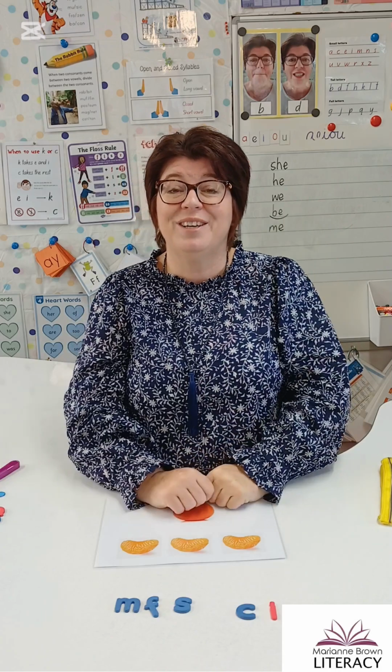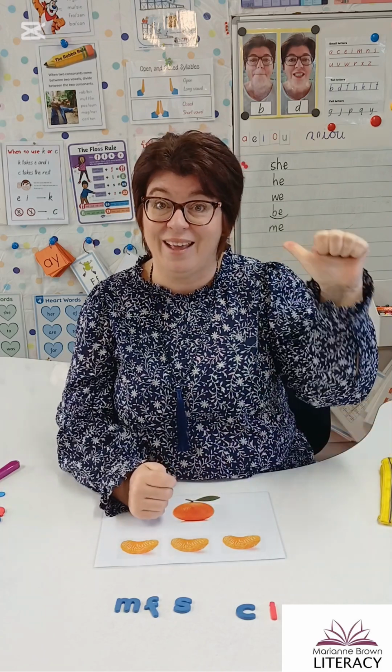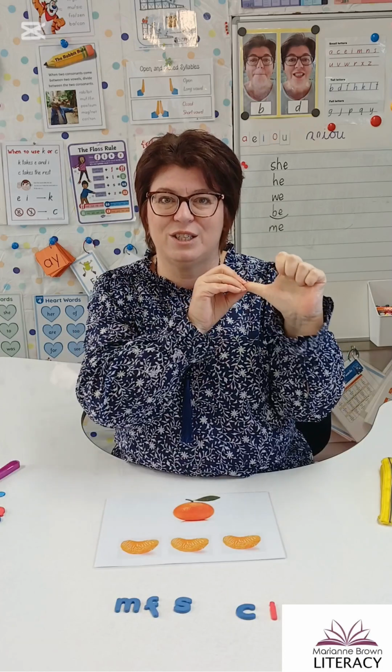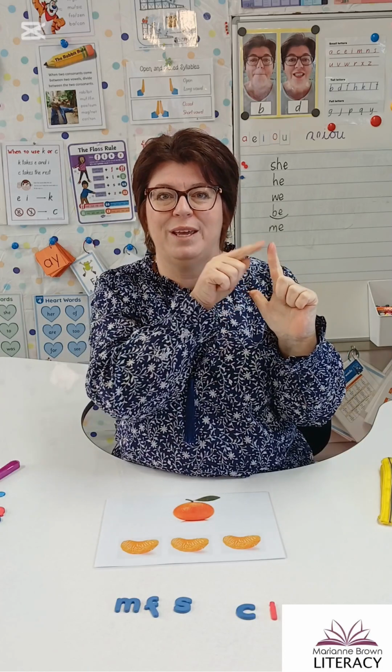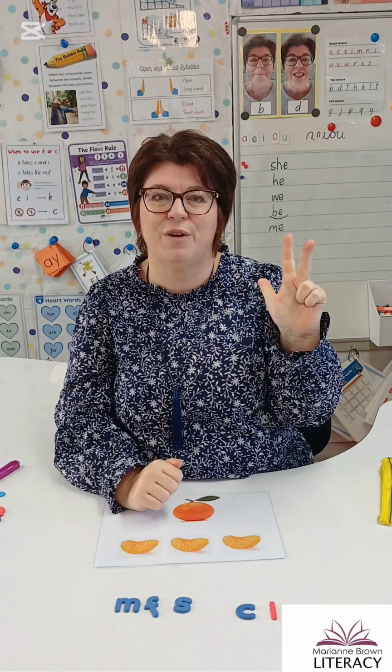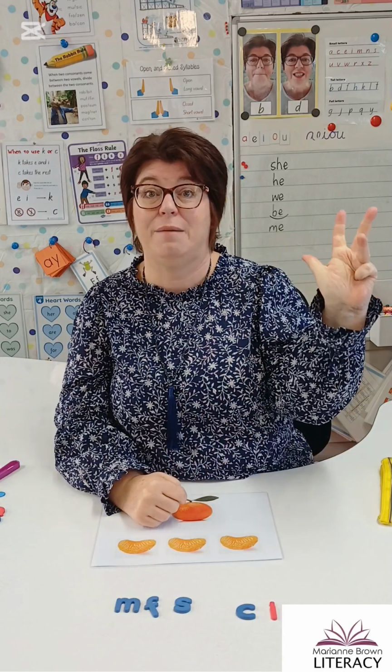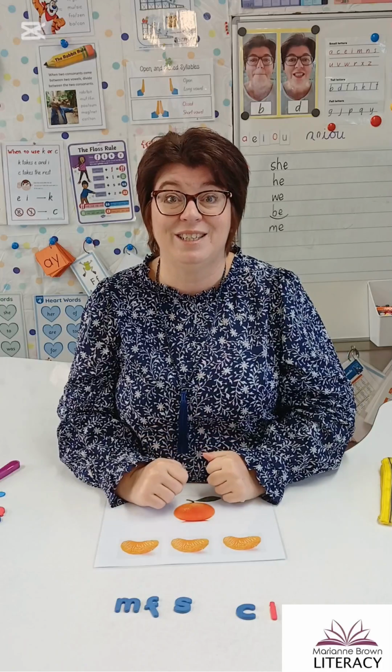There are some children that are using phoneme hands and phoneme fingers, but not understanding that this represents an individual phoneme. Each finger represents a phoneme. They just think, as I say the sounds, I have to flick my fingers out because that's what I see the teacher do.